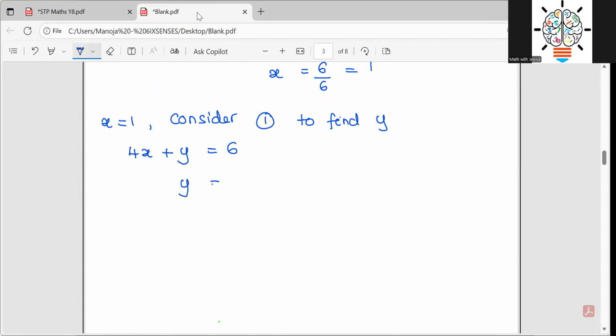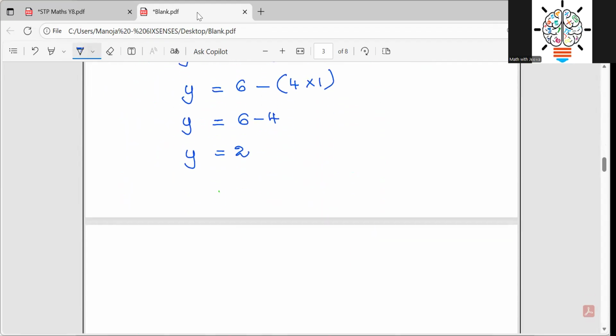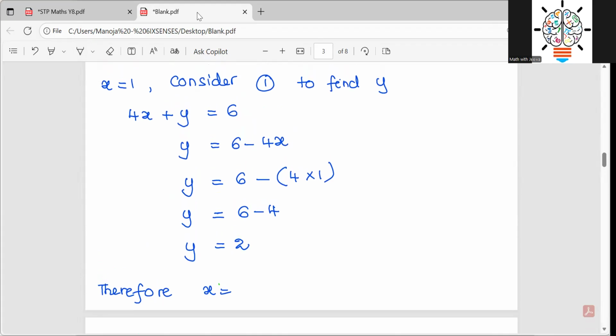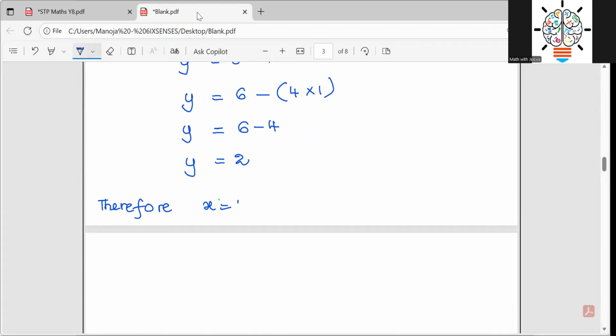If you want to find y, 6 minus 4x. So then y is equal to 6 minus 4 times 1. So then y equals 6 minus 4, y equals 2. Therefore, x is equal to 1 and y is equal to 2, right?